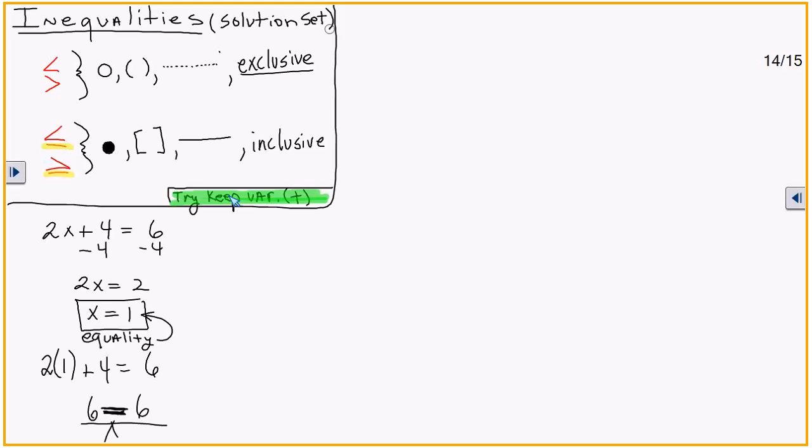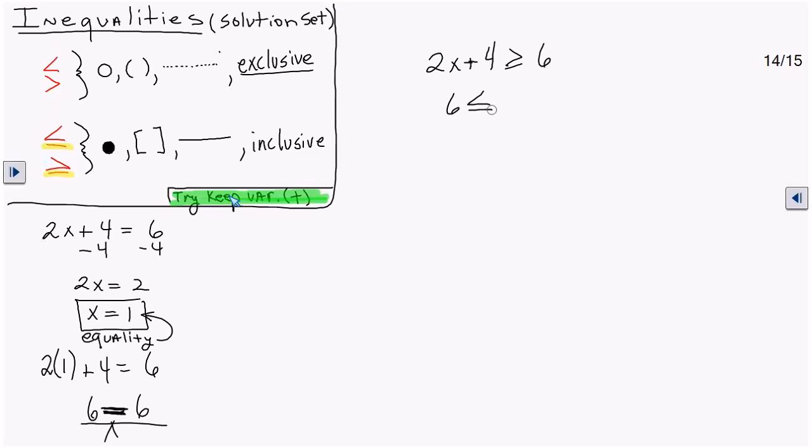So let's take the same problem and let's do this. 2x plus 4 is greater than or equal to 6. Now, notice that I said that's greater than. Yes, but I could easily say 6 is less than or equal to 2x plus 4.